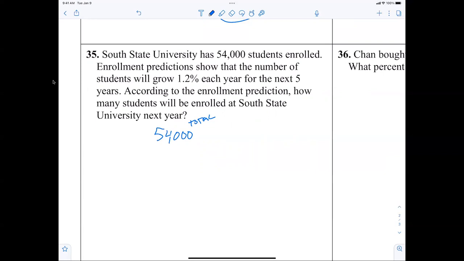That's right. 1.2% of. What does of mean in math? Yeah, so we're going to take 1.2% and multiply it by what? Yes, times 0.012. But I'm multiplying that by what number though? That's right. So tell me what that is.